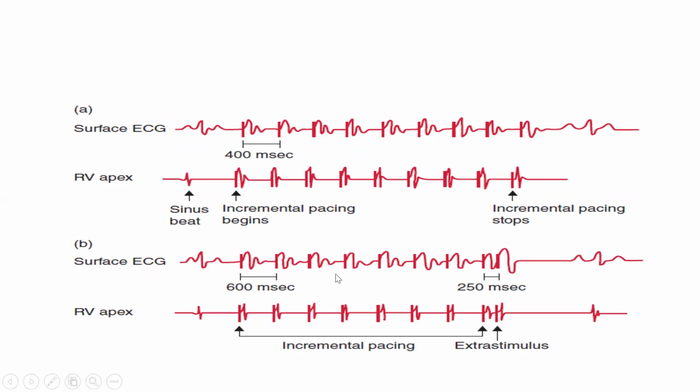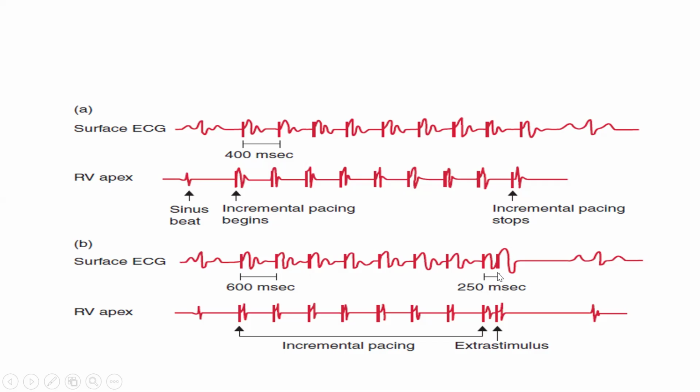I'm further buttressing what we just discussed, that you can pace from anywhere, from the ventricle or from the atrium. Your pacing rate can change. For example, this is a baseline pacing rate at 400 milliseconds, let's say 200 beats per minute. B is showing us a pacing rate at 600 milliseconds, but they added a single extra at 250 milliseconds.